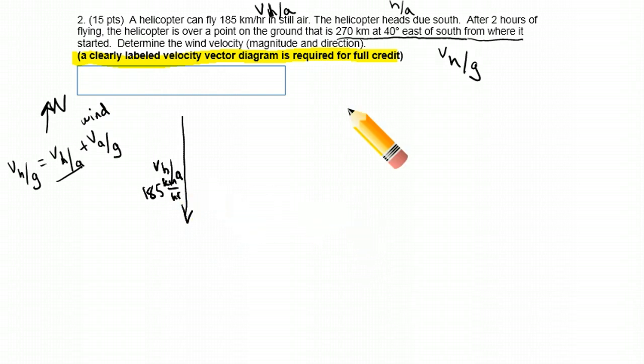Okay, we're told some information about where it ended up. Alright, so I will draw that. It's actually relative to the ground, it's doing something like that. Okay, we also know a time in here, so let's come back to that.